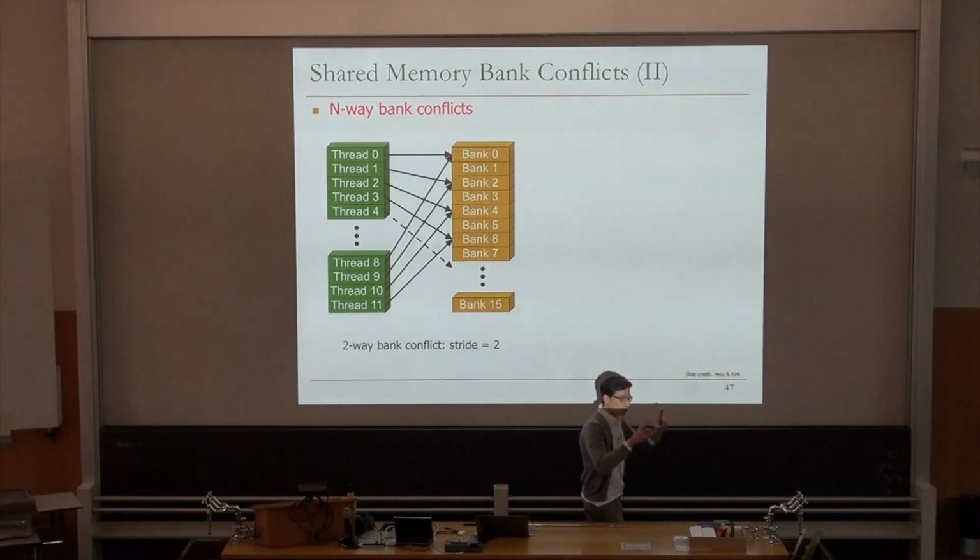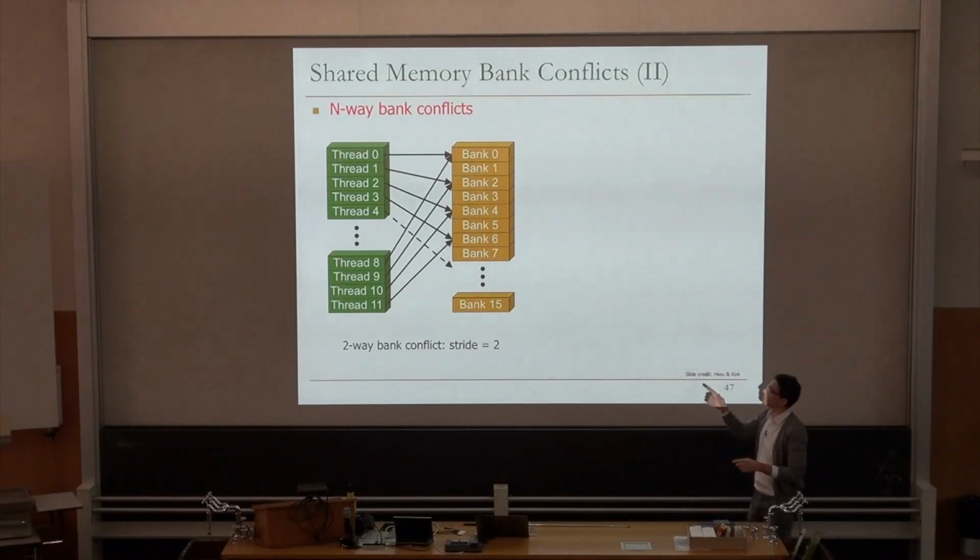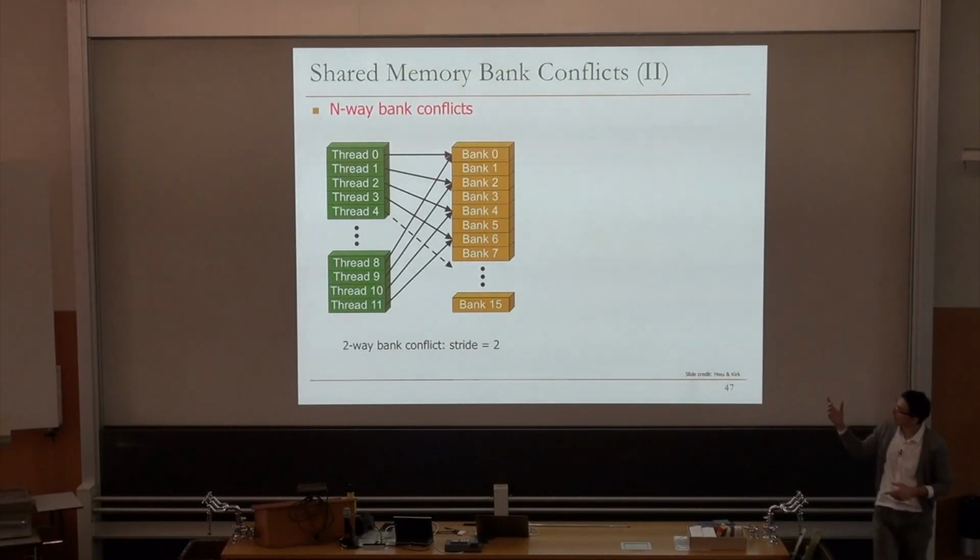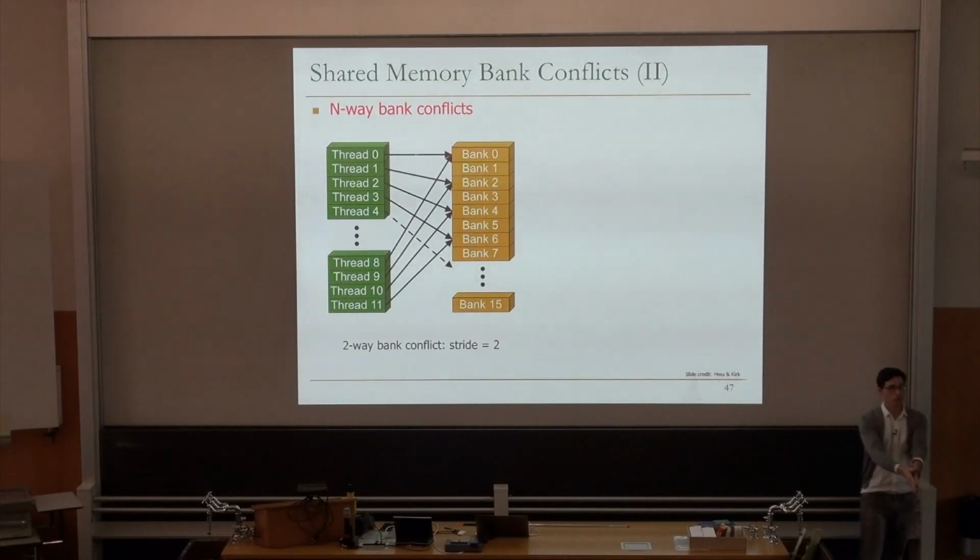Because if we have two threads, like in this example, thread 1 and thread 8, reading exactly the same data element, we just need one access to this bank, because as soon as it's read, it can be broadcast to all the threads that need this value. So this is actually efficient.